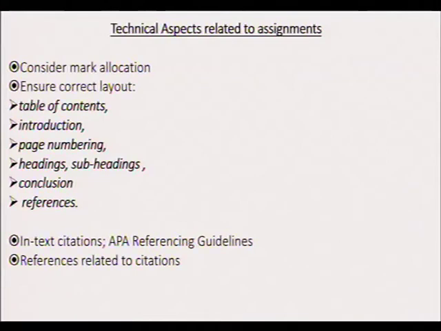I'm sure that you are all familiar with these technical aspects around the assignments, especially also text citations. Whenever you use information which is not yours and you use it directly, you also need to reference the content that you are using, and obviously you will lose marks if you do not reference or cite.